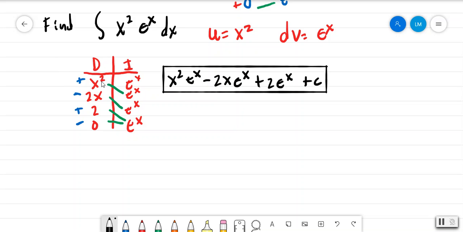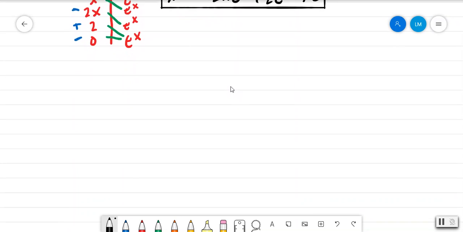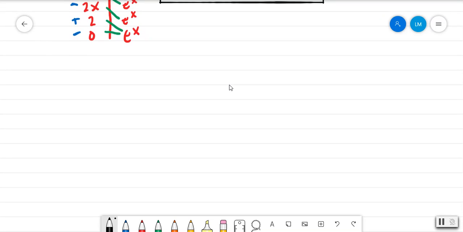Now, I can furthermore try another example where we use the tabular method. Let's say that we want to find the integral of x ln of x dx.